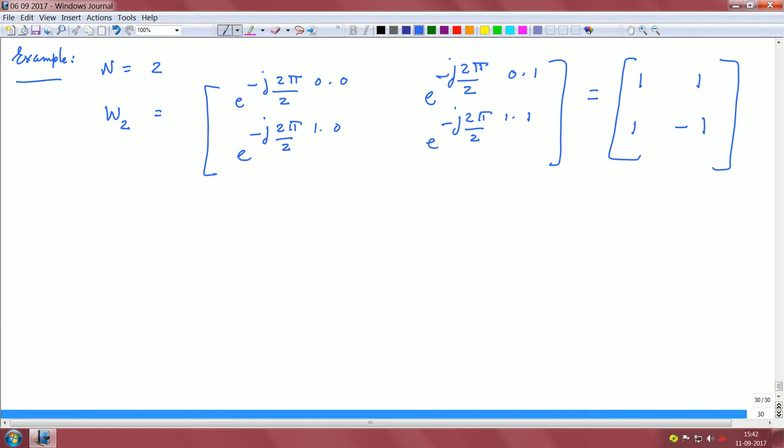Now, well, this matrix is for what it is, but if you take a slightly closer look at this matrix, observe this row and observe this row. We are just taking a 2-point DFT here, and if you observe the 2 rows of this matrix, 1 1 is basically like the coefficients of your low pass filter.